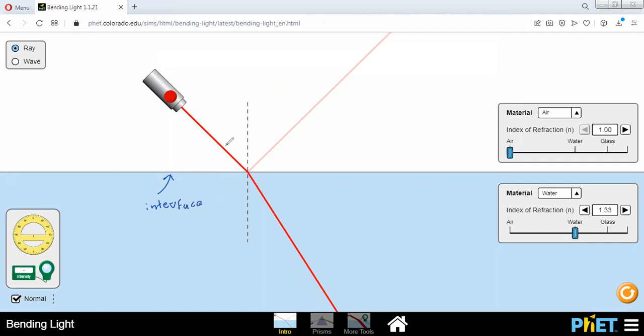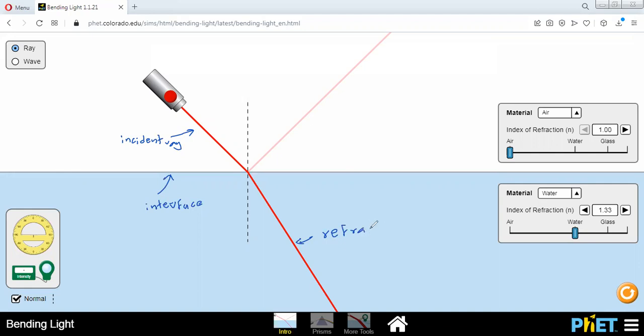The ray above this interface, which is coming from the laser generator, is known as the incident ray or incident wave. And the light ray which is traveling in the second medium, water, is called the refracted ray or refracted wave.